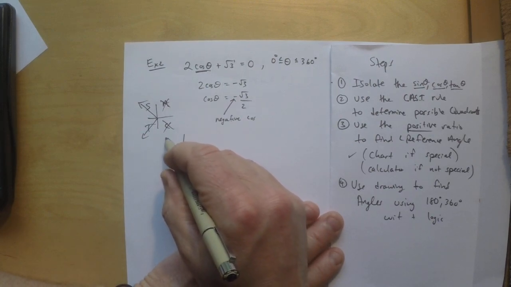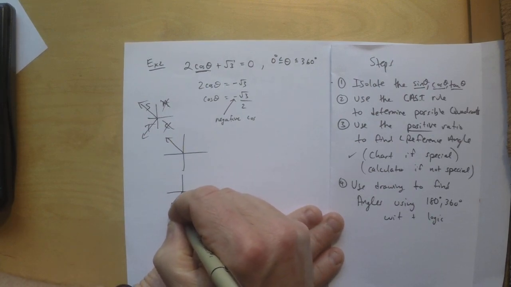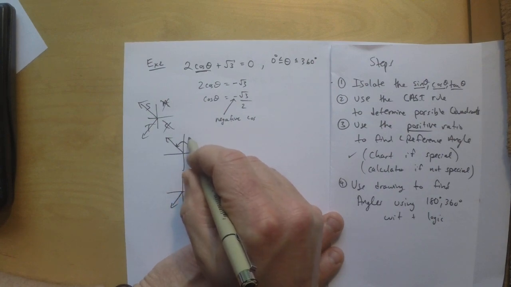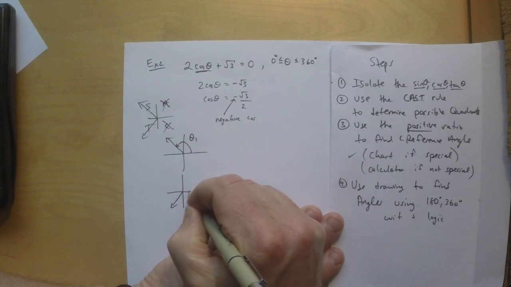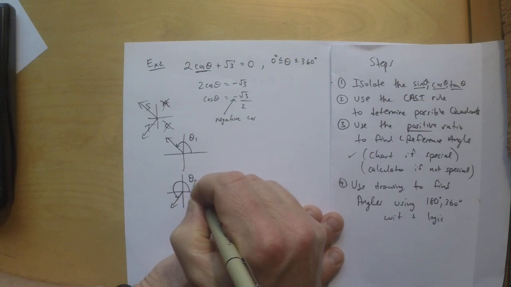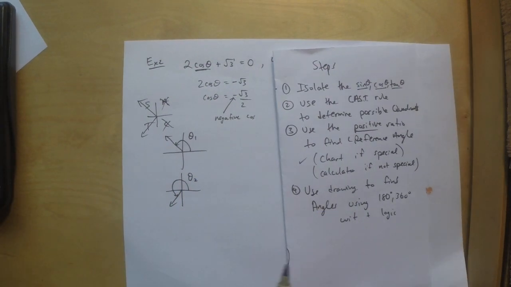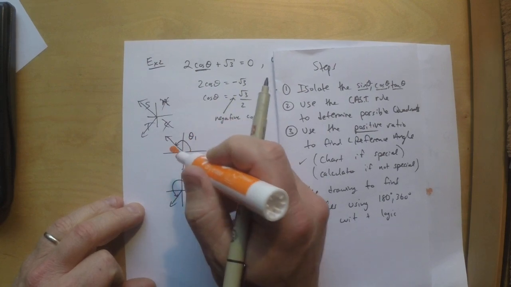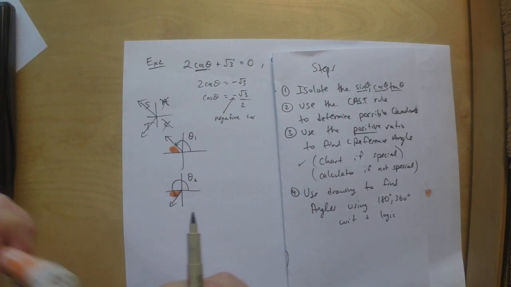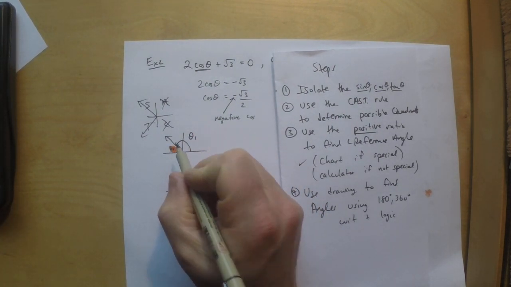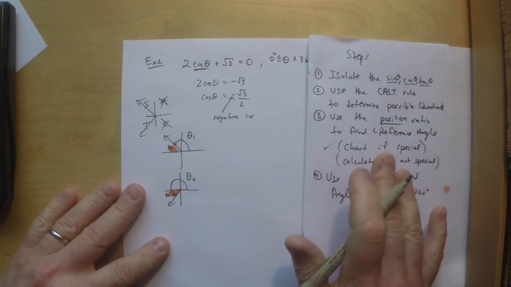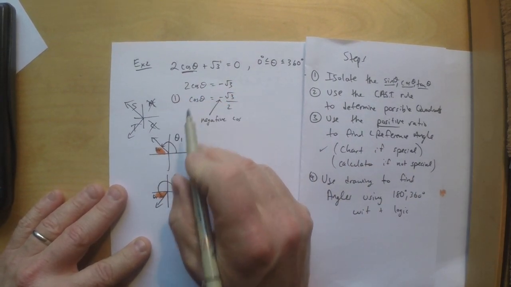Like I said, for me, I like to draw each picture separately so I don't get all my lines mixed up. There's my first answer. There's my second answer. And then I always highlight my reference angle, knowing, hey, that's really important to me. So first step, isolate.